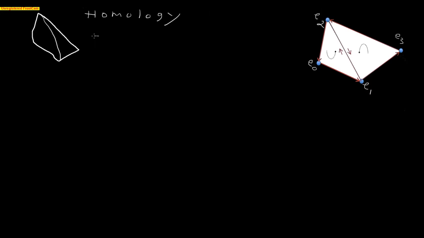So one order would be counterclockwise, E0, E1, E2, and so we can write the first one as [E0, E1, E2], plus, and this would be the second triangle, and so here you have [E1, E3, E2], and that's it.